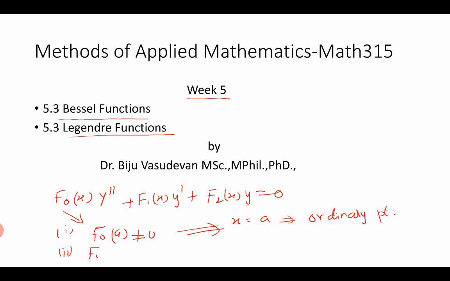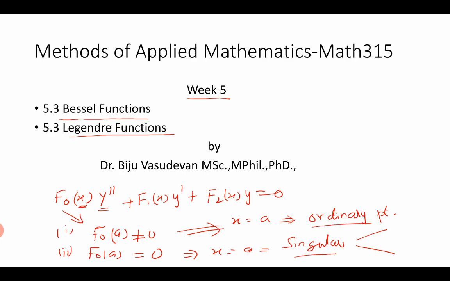If f0 of a, when you substitute x equal to a in the coefficient of the second derivative of y, gives 0, we call x equal to a a singular point. And then further there are two cases, regular singular or irregular singular points. Now I just want to recall for you what an ordinary point and a singular point are.